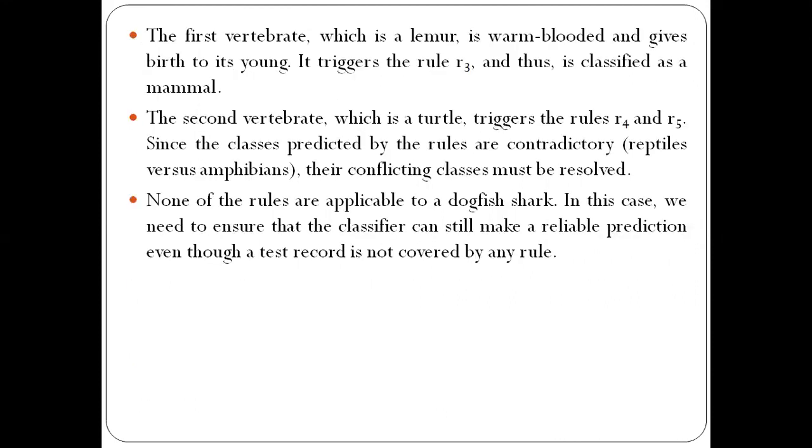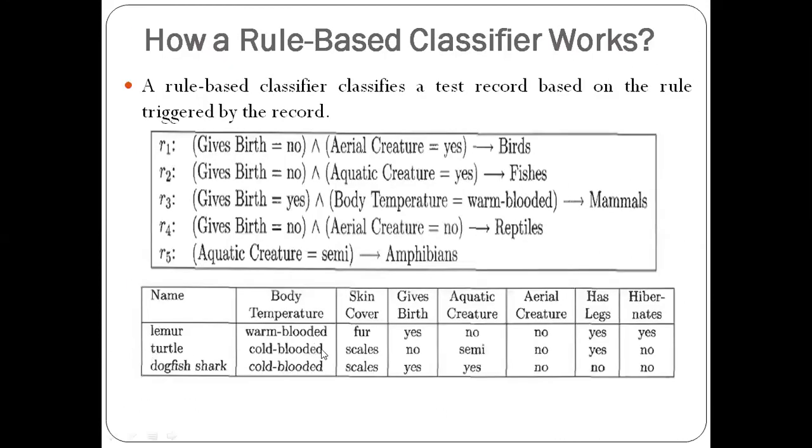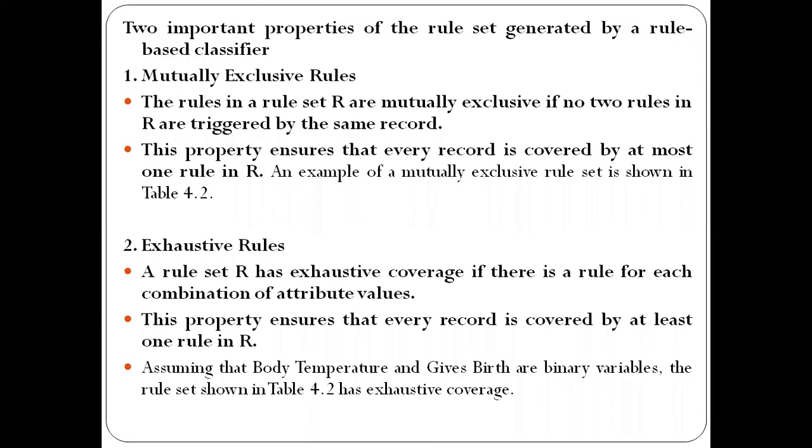Just like we have seen in the previous example, the second record is going to trigger both R4 and R5. It has happened because we defined the rules in such a way. But if we define the rules using the mutually exclusive property, then all the rules in the rule set R will be mutually exclusive, and no two rules will be triggered by the same record.